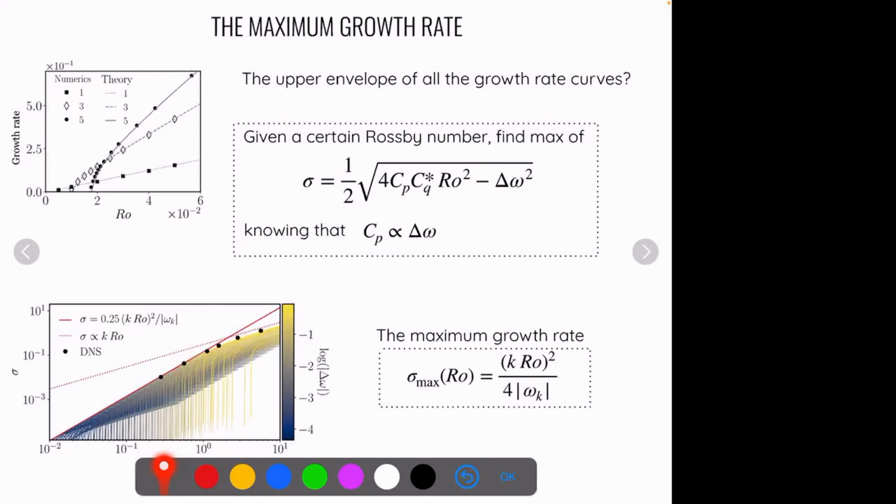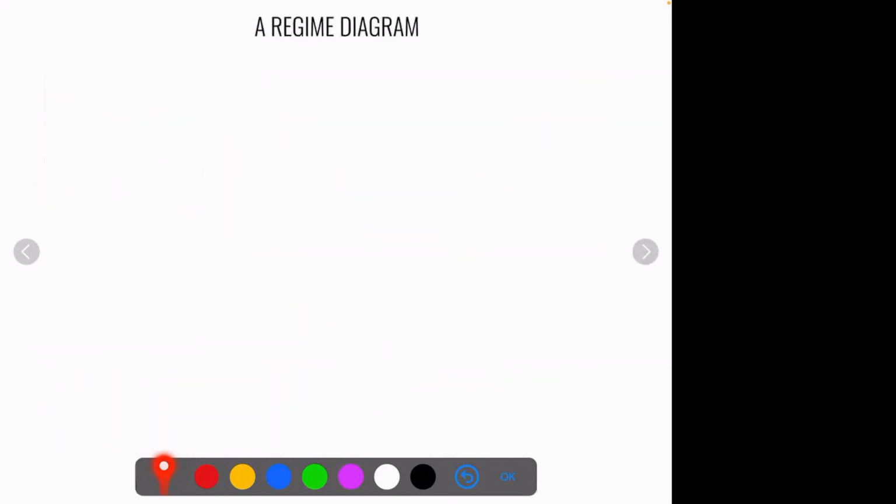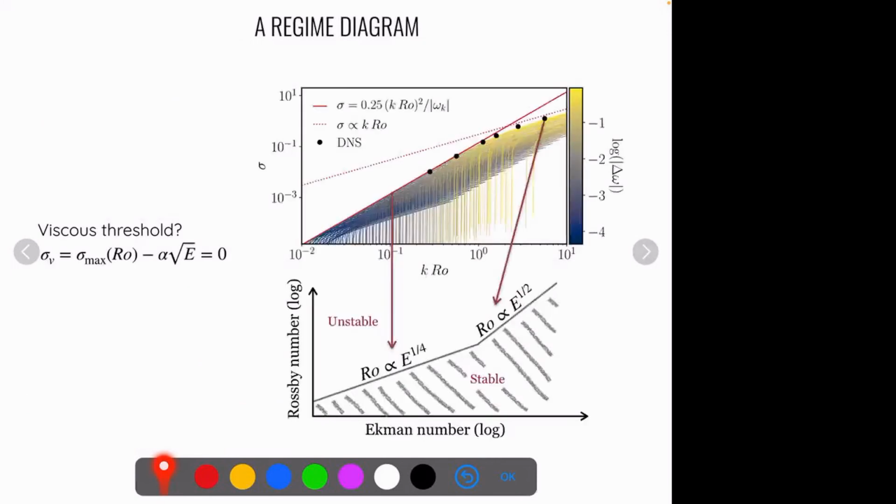And with that, I can make a small leap towards the conclusion. So what is the regime diagram of this instability? First, what is the viscous threshold of the instability? To retrieve the viscous threshold, you balance the inviscid growth rate that I've just derived with friction. So say here a wall friction.